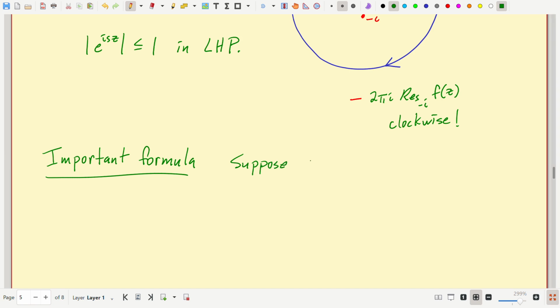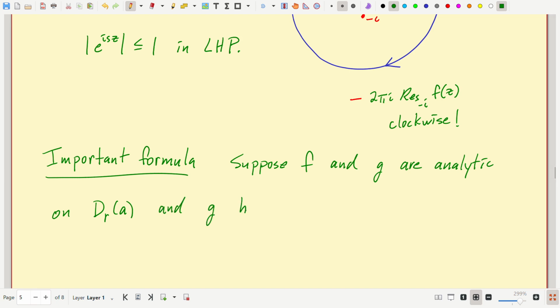Let's suppose f and g are analytic near a point, on, say, a disk of radius r about a, and g has a simple zero at a, meaning a zero of order 1.